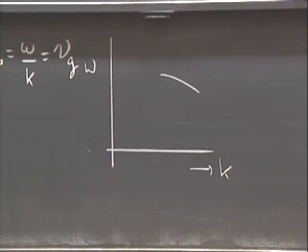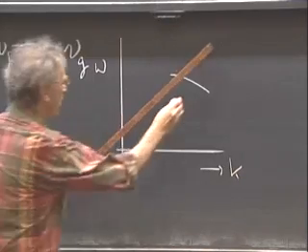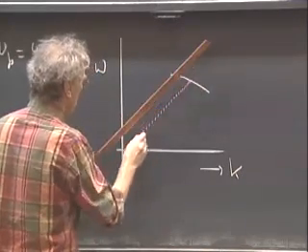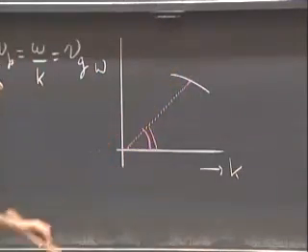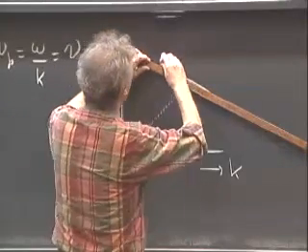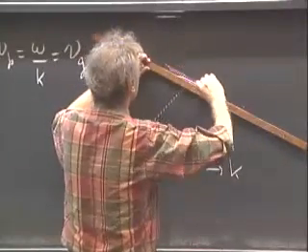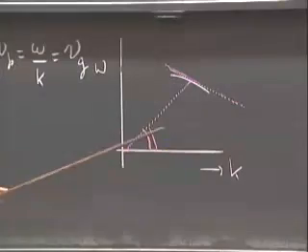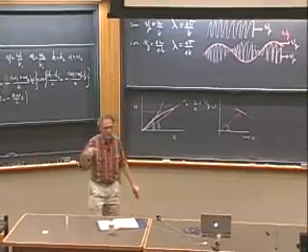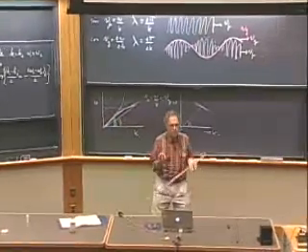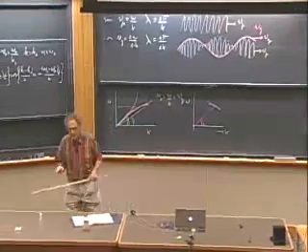If that's the case, that is remarkable. This slope would indicate the phase velocity, but this slope would now indicate the group velocity. And that group velocity now is in the opposite direction of the phase velocity. So the sine wave goes like this, and the group goes back. Even that is possible.